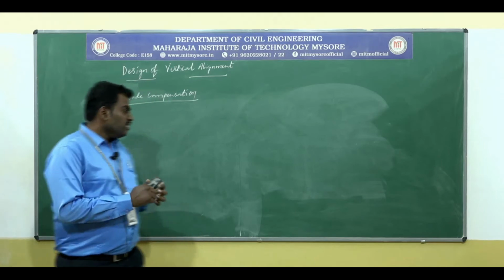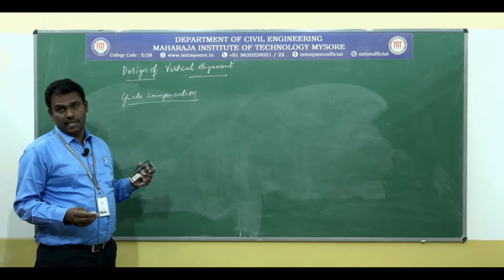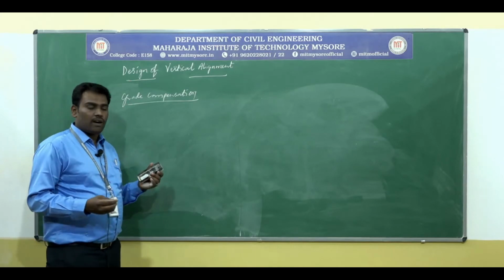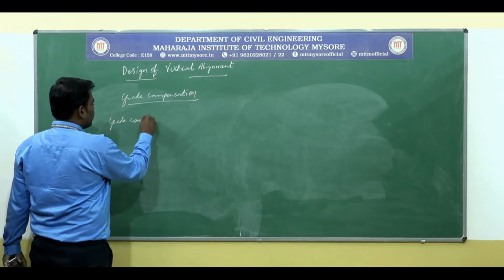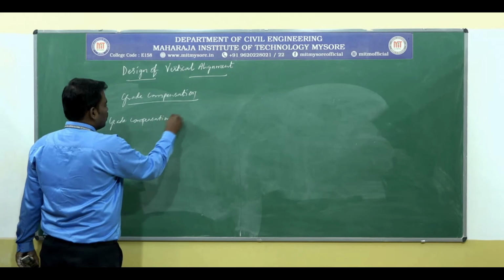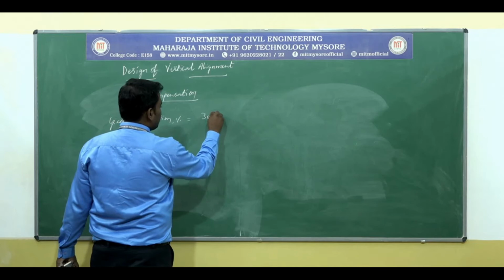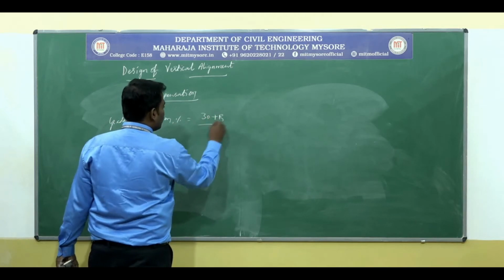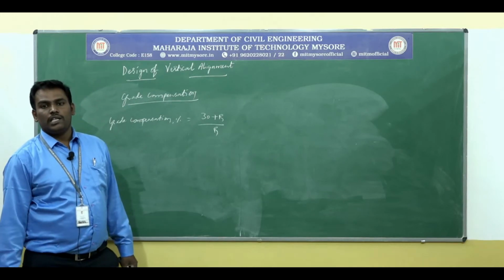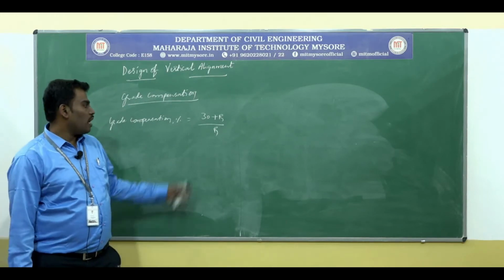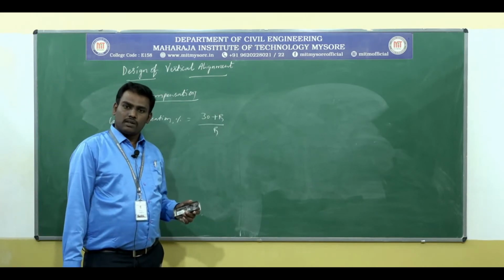Usually the grade compensation is expressed in terms of percentage, and it is calculated by a formula. Grade compensation in percentage is equal to (30 + R) divided by R, where R is the radius of the circular curve.